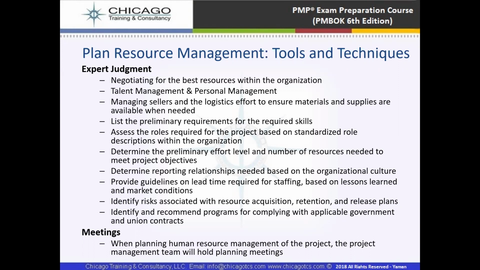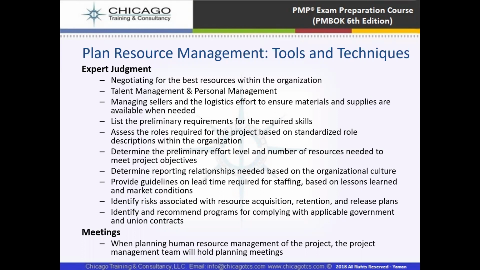And then we assess the roles required for the project based on standardized role descriptions within the organization. And then we determine the preliminary effort level and number of resources needed to meet the project deliverables. And then determine the reporting relationships needed based on organizational culture, and provide guidelines on lead time requirements for staffing based on lessons learned and market conditions.